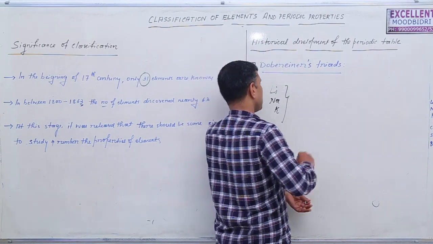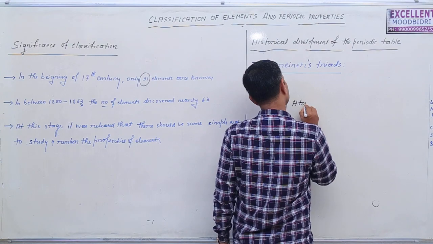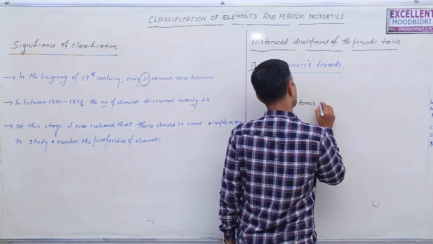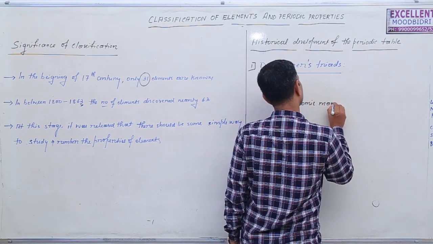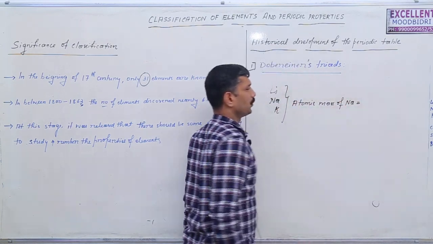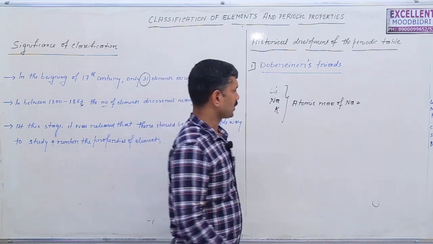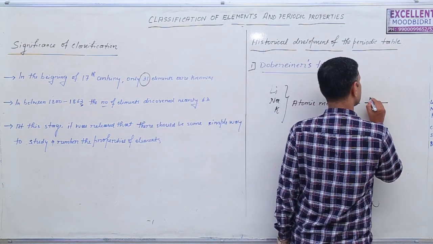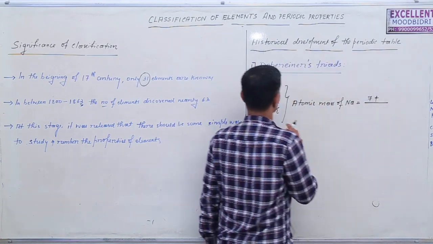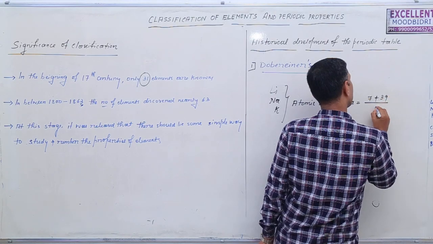So the atomic mass of sodium is equal to the atomic mass of lithium plus the atomic mass of potassium, divided by 2. The atomic mass of lithium is 7 plus 39 for potassium, divided by 2.